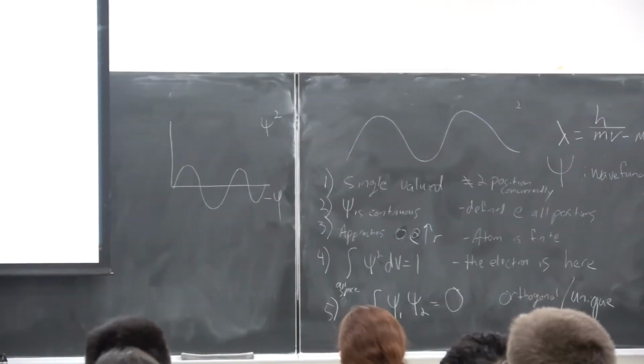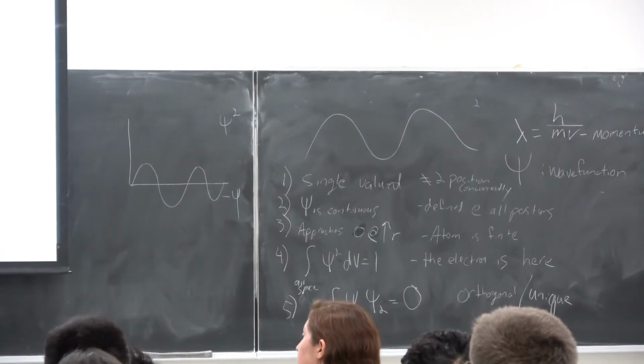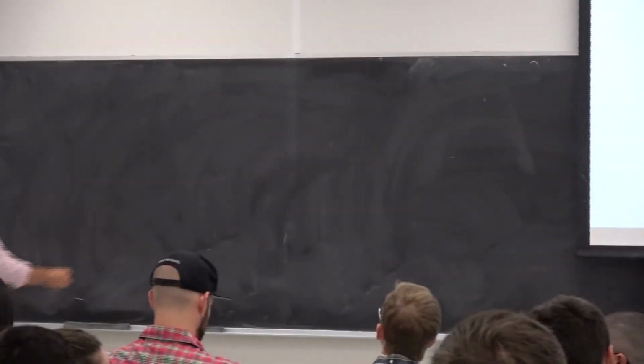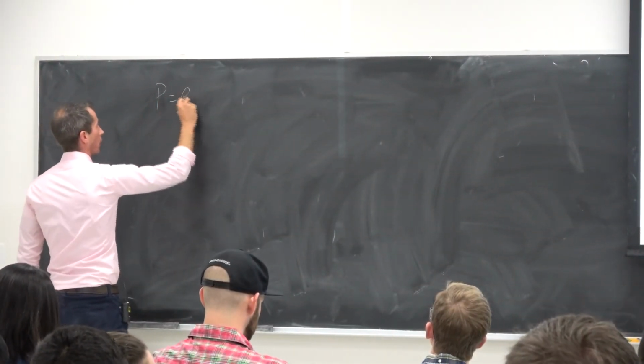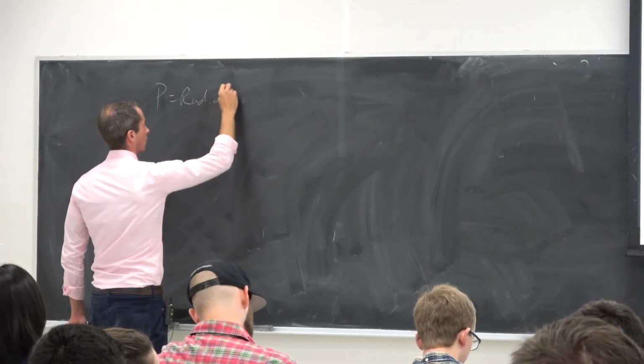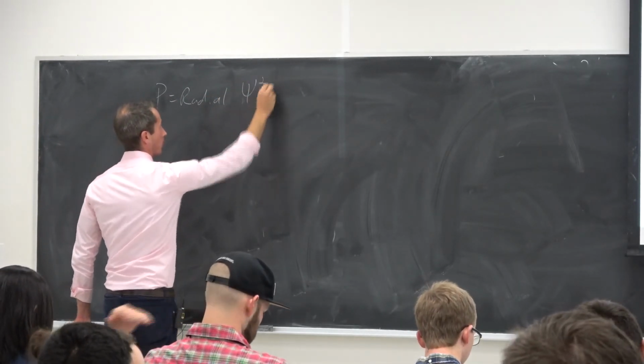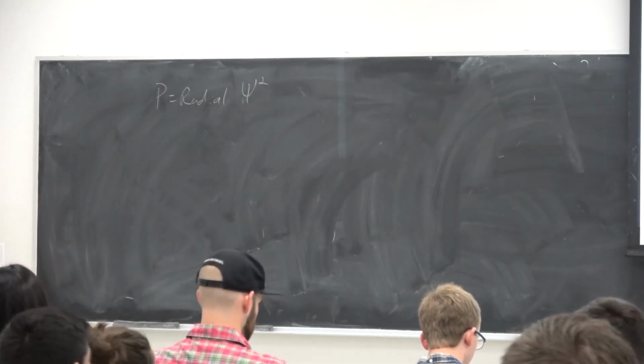So on that probability density function, I'm missing a term. If we were to think about the radial probability distribution, radial probability density function, what do you think I need to add?